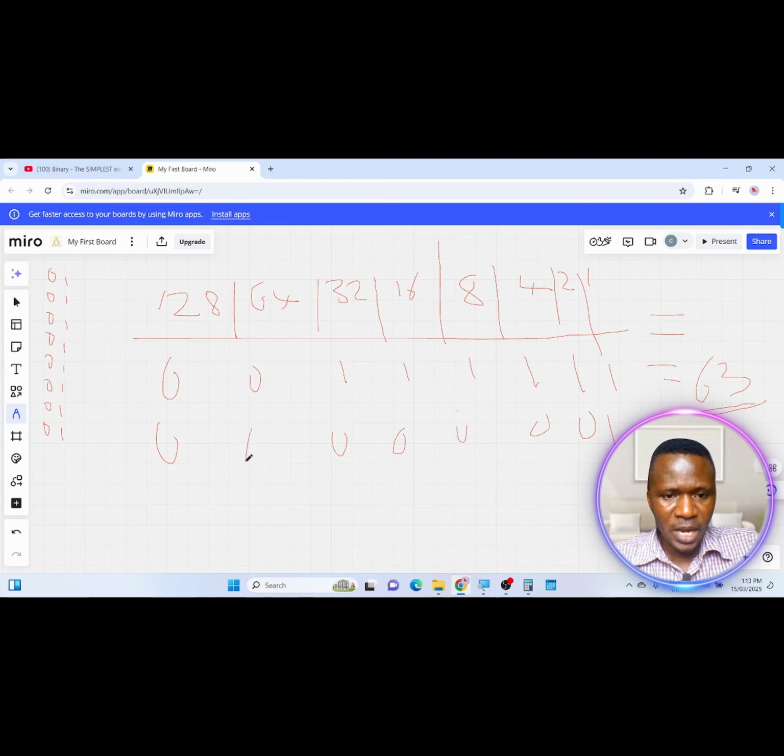Let me clean it and rewrite it. So because here we cannot increase it because we run out of numbers, once it got to this place, then this one in another column will be incremented to 1, and this is what is going on here. So if you increase this and solve this binary number, you will end up having 65.